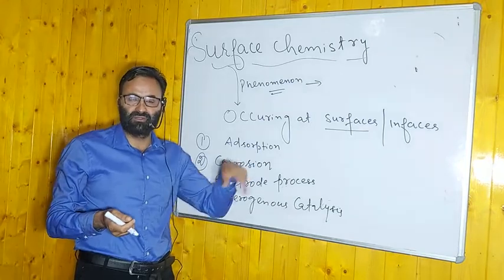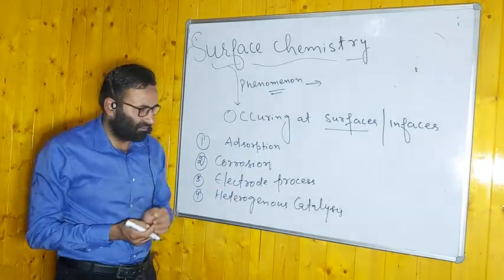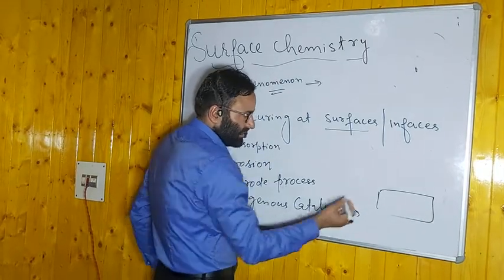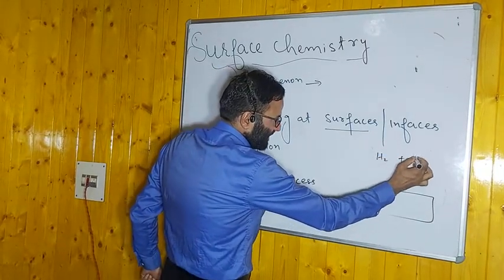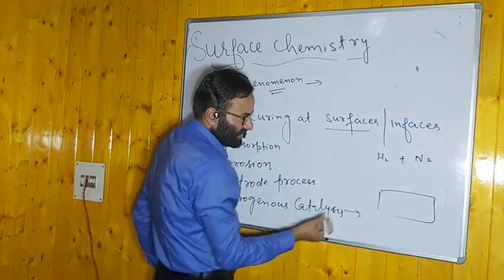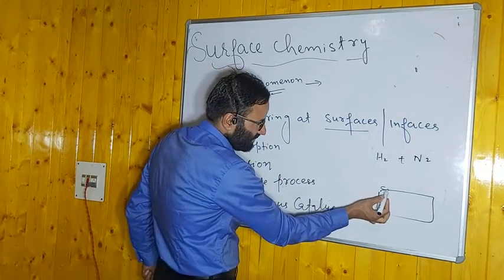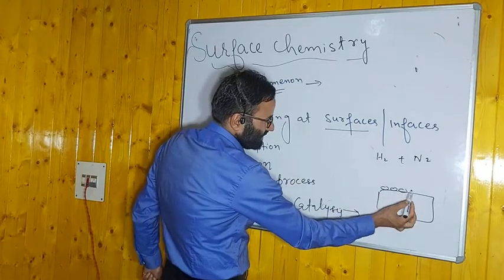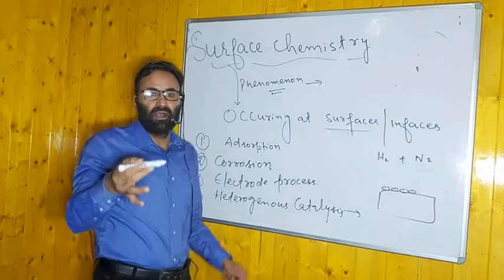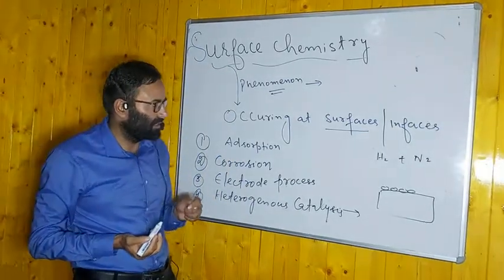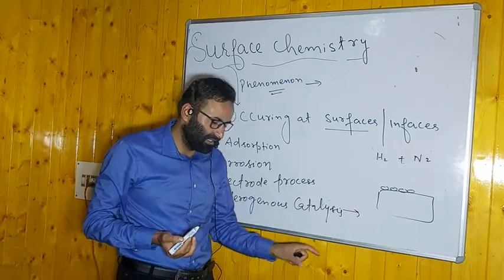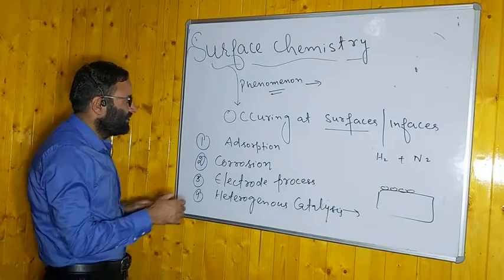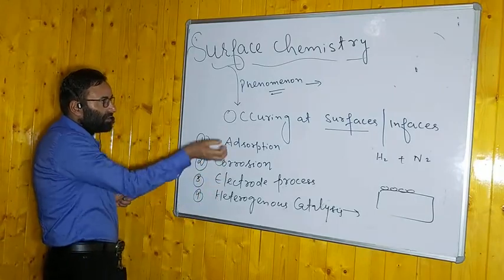In heterogeneous catalysis, we have a solid catalyst, and gases, for example hydrogen and nitrogen, come and concentrate on the surface of the solid catalyst. It means that heterogeneous catalysis is a surface phenomenon. These are some phenomena occurring at the surface.